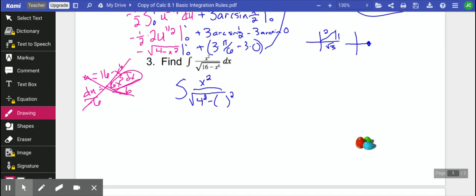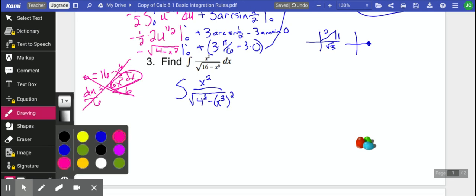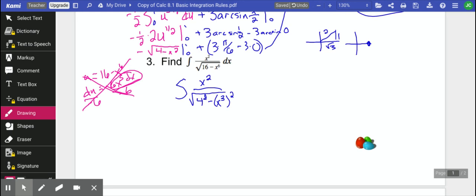Well, we have x to the 6, which is the same thing as x cubed squared.